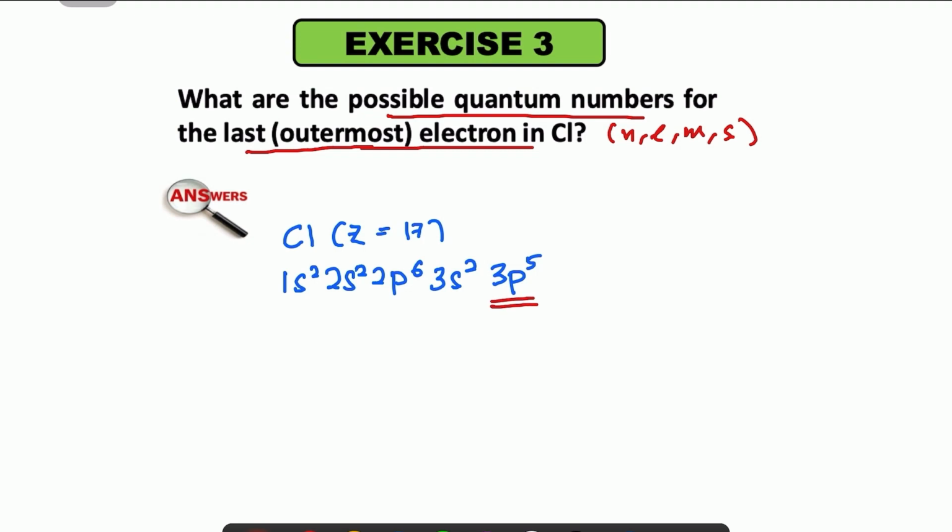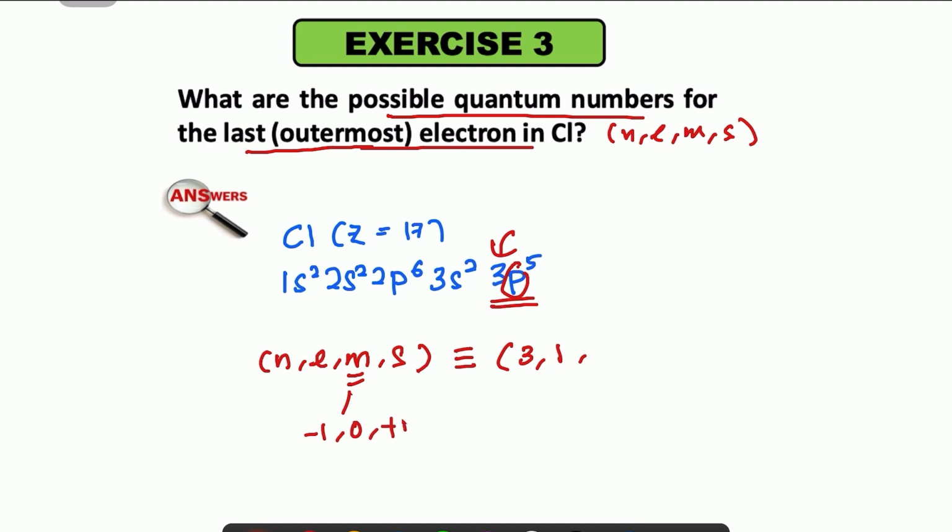So firstly, you have to write n, l, m, s. The n is 3, because the last electron is in the principal quantum number n equal to 3. l, because it is p, is 1. m, the orientation for the p, can be -1, 0, or +1.